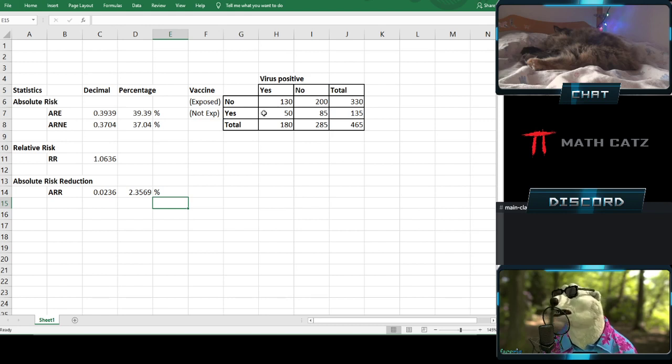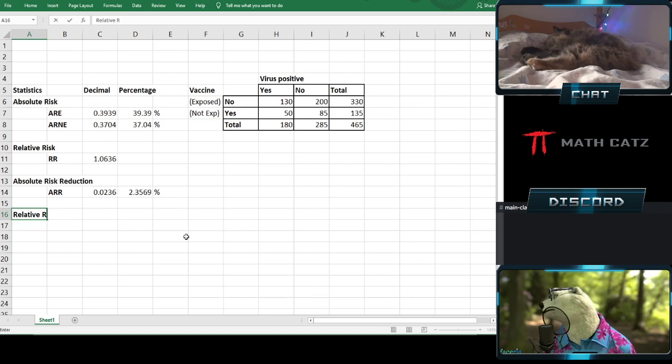Or, said another way, from the people that do not take the vaccine, there are 2.35-ish percent of them that get the virus when the treatment could have avoided it. Okay, so important, be able to interpret all of these statistics that we calculate.